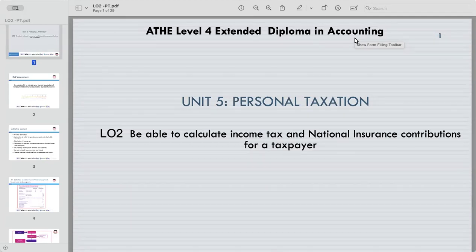Understanding how to calculate these financial obligations is important for anyone navigating the realm of personal finance, whether you are an individual managing your own taxes or a professional providing financial advice to others. So we will discuss the various aspects of income tax and national insurance, breaking down the process into manageable steps and explore key concepts.